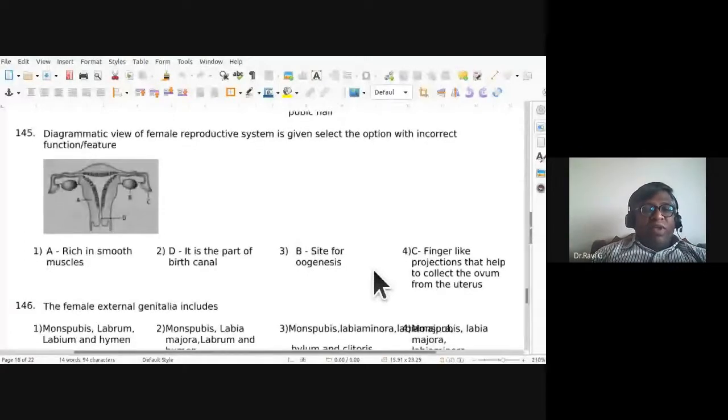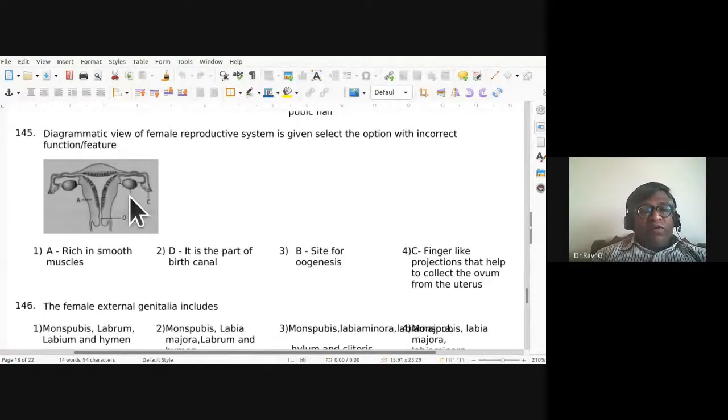A diagrammatic view of the female reproductive system is given. Select the option with incorrect function or features. A is rich in smooth muscles. Yes, obviously the uterus part will be rich in smooth muscles. D is the part of birth canal, that is from cervix, it leads to the birth canal.